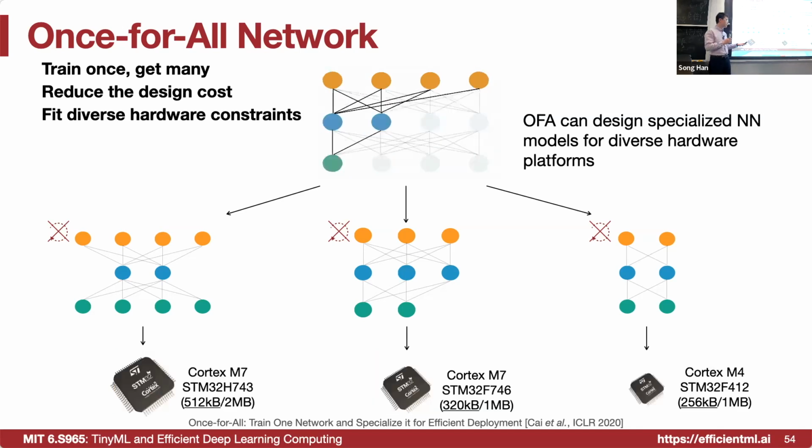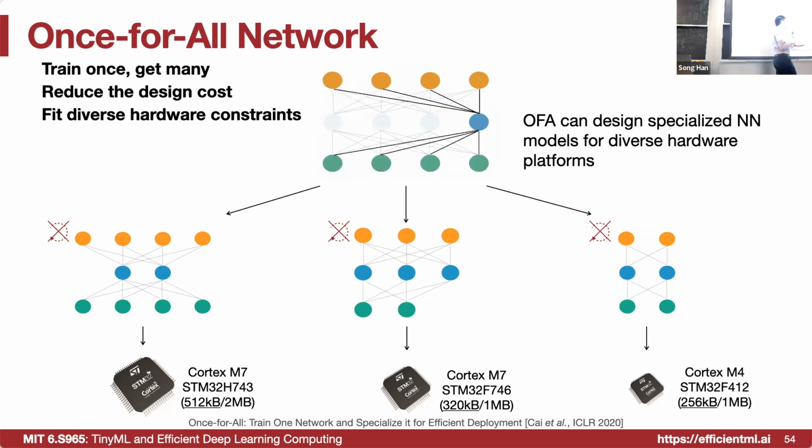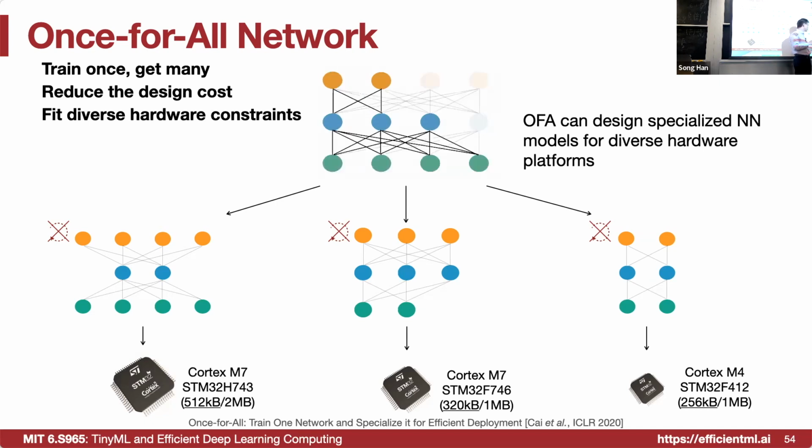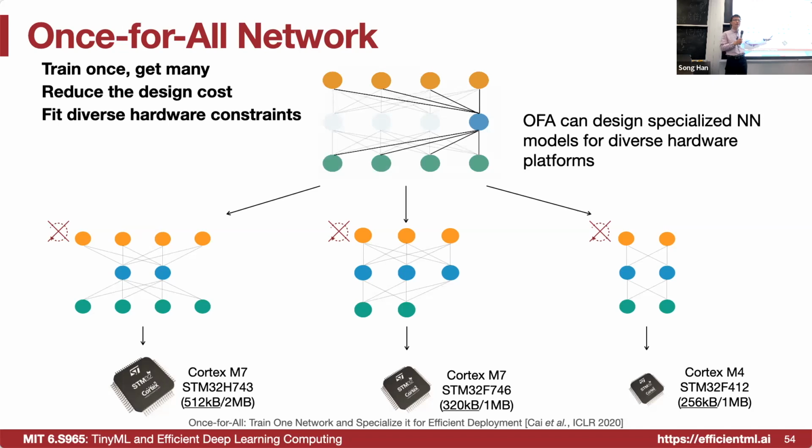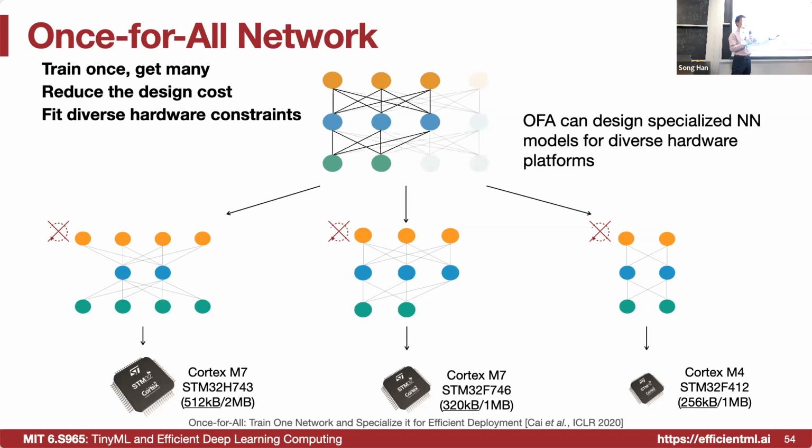Similarly for microcontrollers, we may have different memory budgets, like 512 kilobytes of SRAM and 2 megabytes of flash, versus a smaller Cortex-M4 microcontroller that has 256 kilobytes of SRAM and only 1 megabyte of flash. So rather than repeating this training and search process for different microcontrollers, we can just train the super network once, and then find specialized subnets for different scenarios.